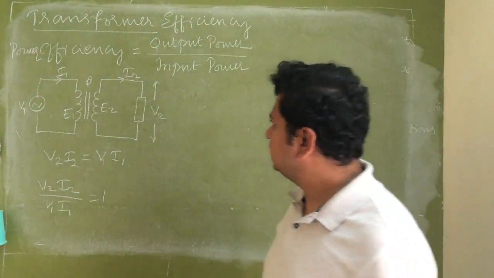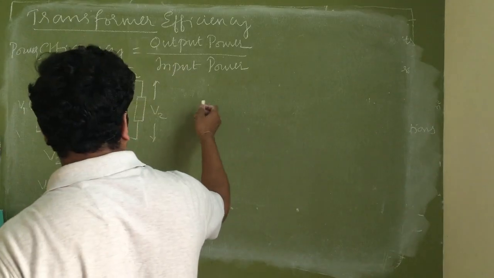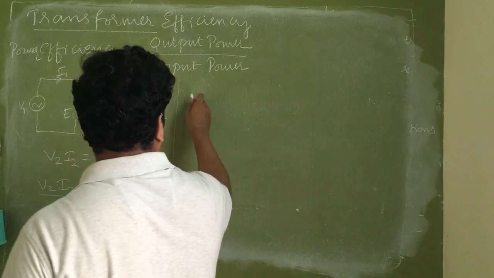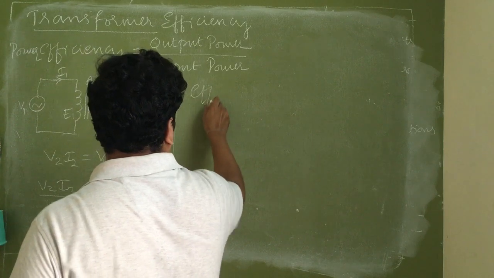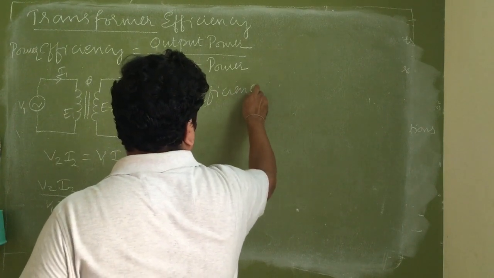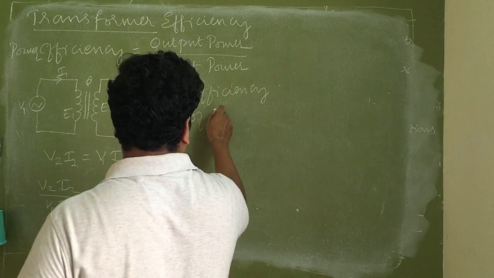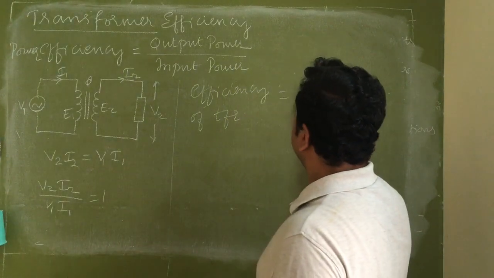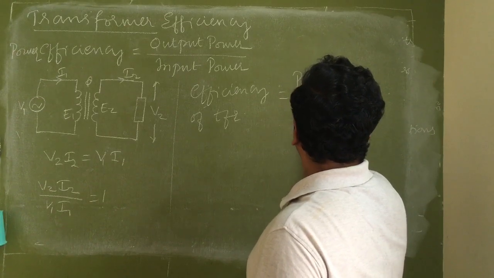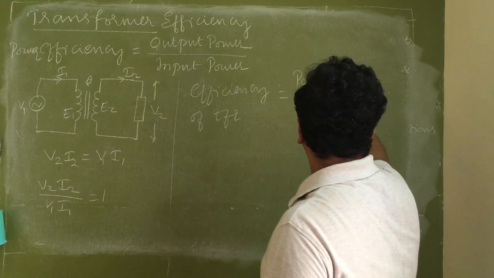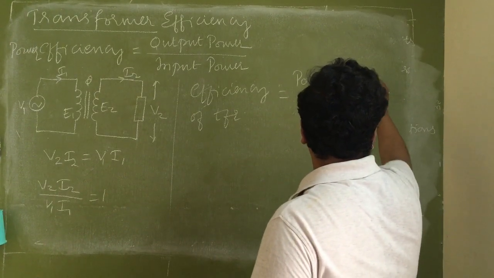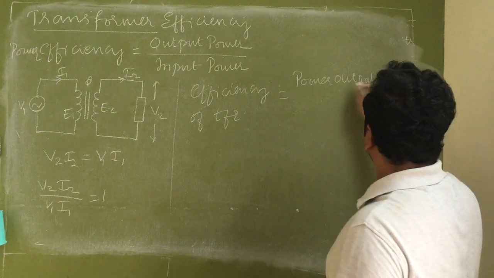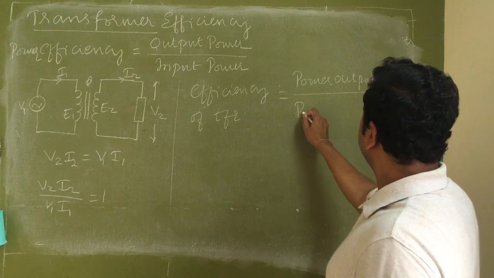So efficiency of transformer is given by, here I will rewrite, efficiency of transformer is equal to power output in watts divided by power input in watts.